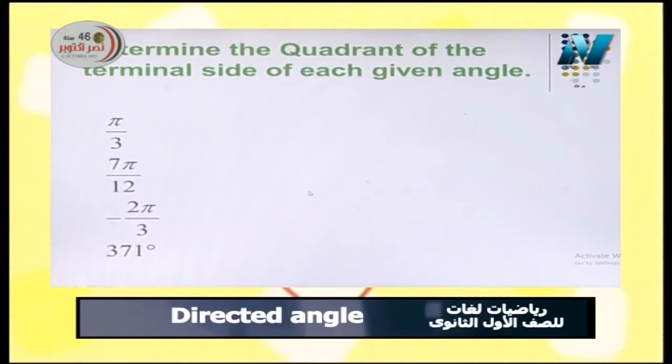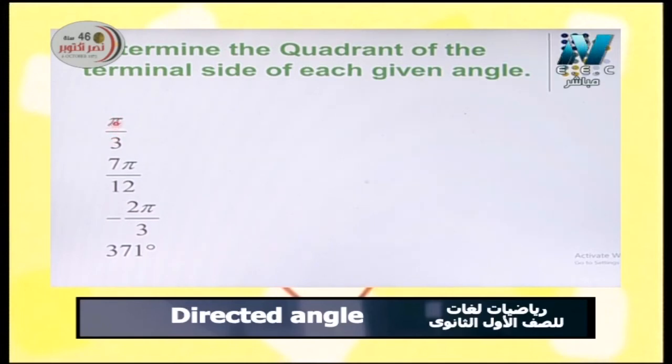As homework for you, my dear students, determine the quadrant of the terminal side of each given angle. Write these questions: pi over 3, 7 pi over 12, negative 2 pi over 3, 371 degrees. And we can find it in degrees if we put 180 instead of pi, so 180 over 3.